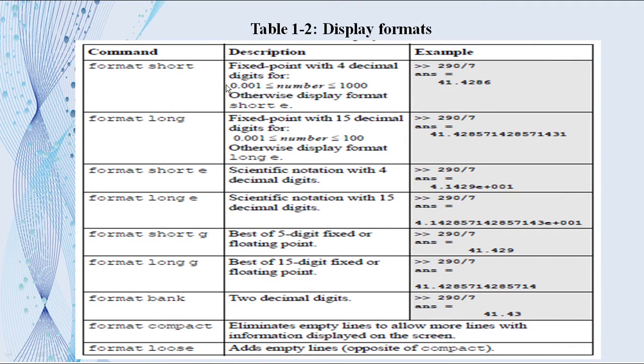Format short: fixed point with 4 decimals, for numbers from 0.001 to 1000, which means we have only 4 digits after the decimal. Format long: fixed point with 15 decimal digits, so we'll have 15 digits after the decimal.